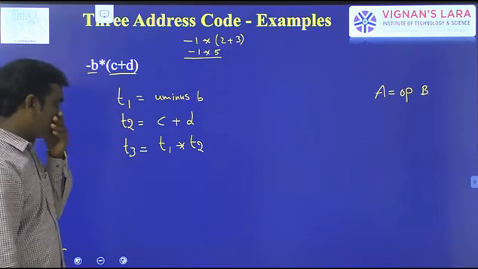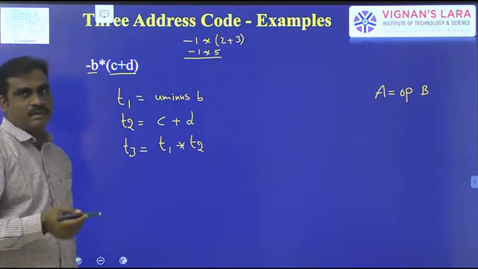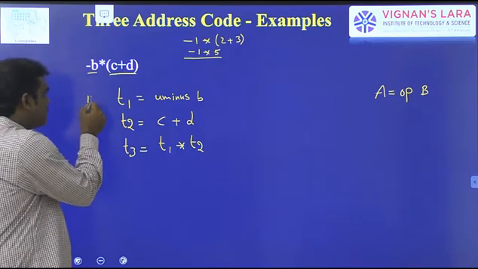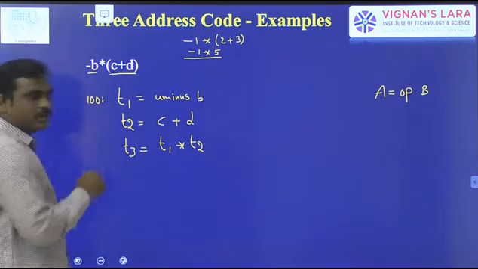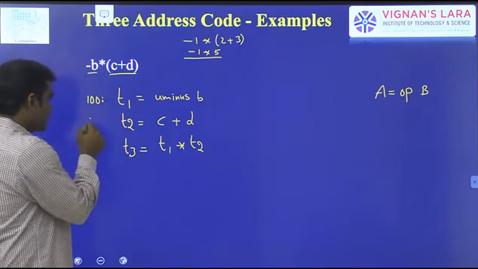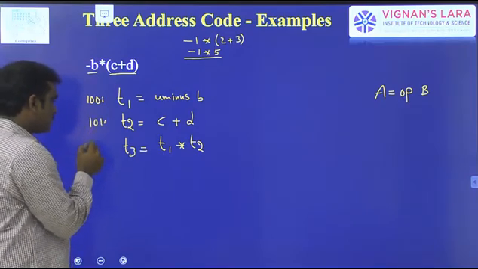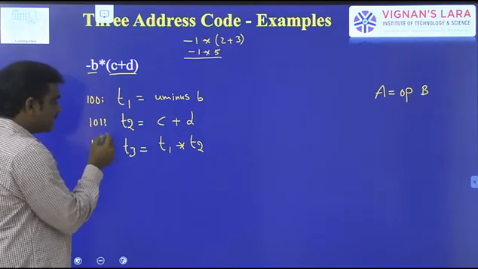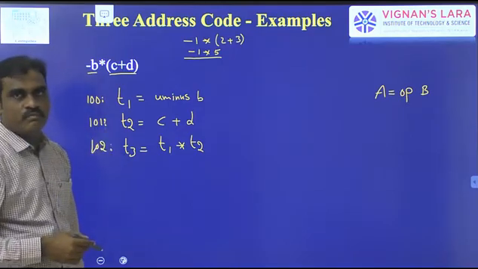And one more thing is, here you can mention the address values also. Suppose this statement starts with 100, next statement 101, next statement 102, like that. You can give the address values also.